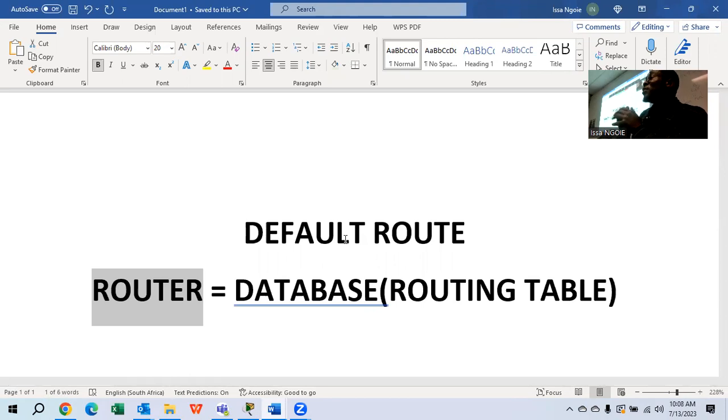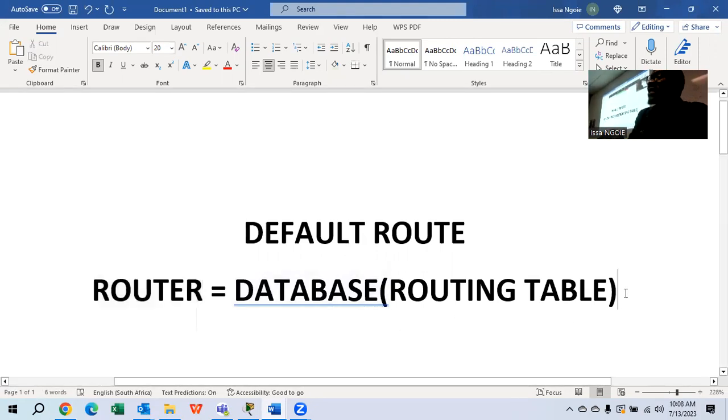So, and when you go on that particular database, what you're gonna see? You're gonna see what? Information about other networks and how to reach those networks, right? So a router will have a database, and that database will have what? All the information related to other networks, right?